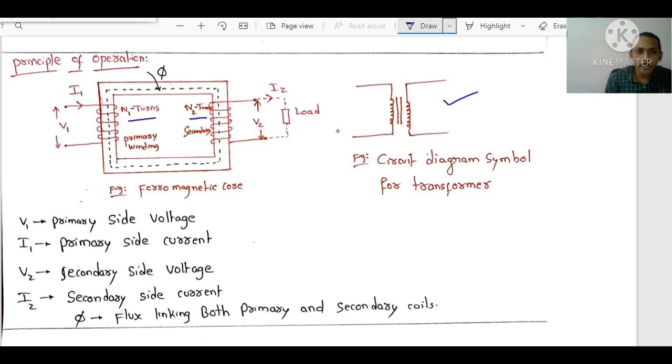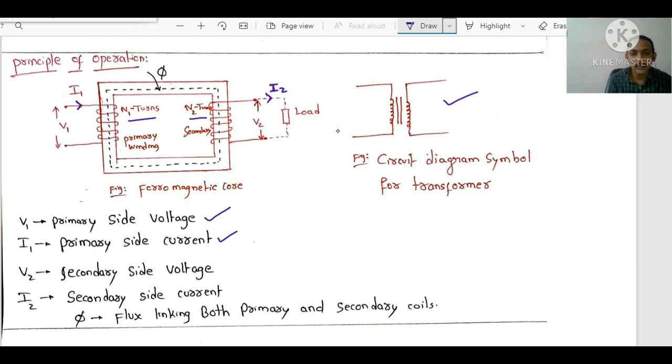Now these are the variables. V1 indicates the primary side voltage. I1 indicates the primary side current. V2 indicates the secondary side voltage, and I2 indicates the secondary side current. So these are the four variables: V1, I1, V2, I2.